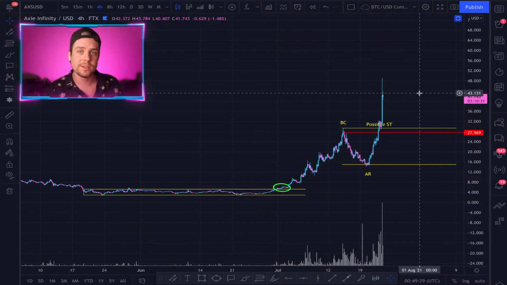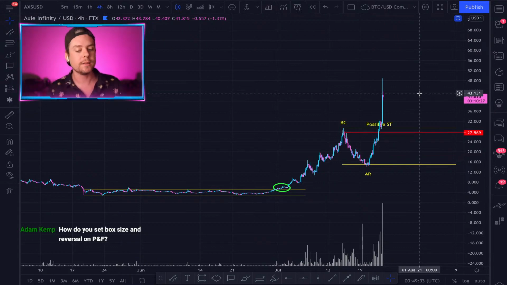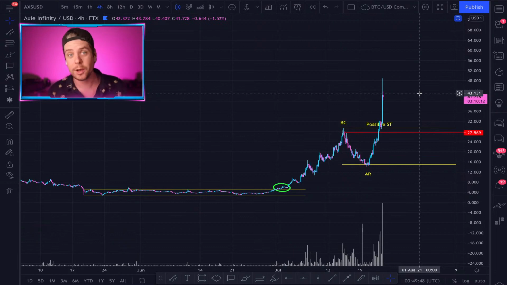The more this token goes up, the more nervous I get as a breeder, because right now you get paid so much to sell virgin Axies, those zero breed count Axies, because of all the other breeders that are coming on board. So for me, I want this to go down.